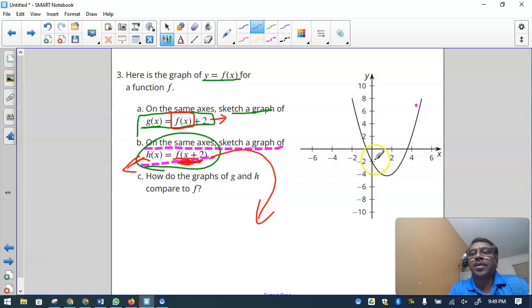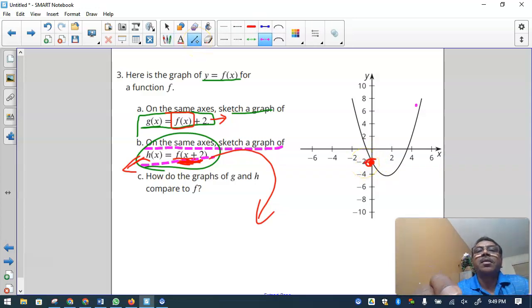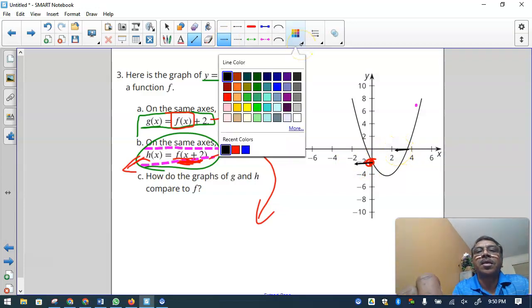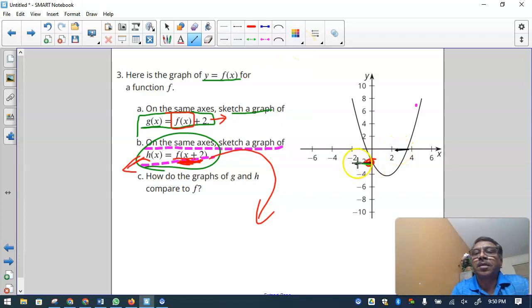So let's see, if this is the point, because there is a plus 2, I have to go to the left. So this goes to the left here. Everything goes to the left. Can I use some other color here? Let's see, green color. So this goes here. This goes here.